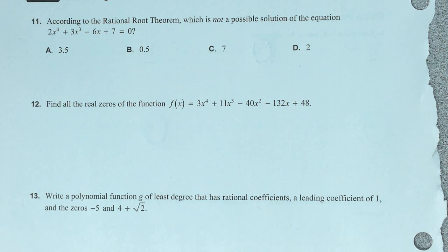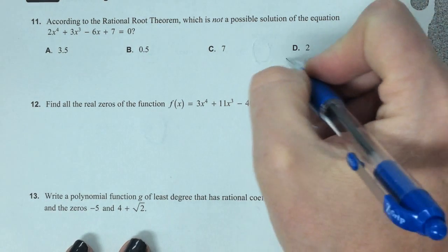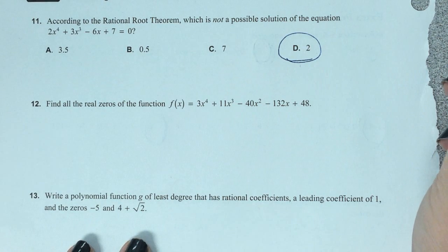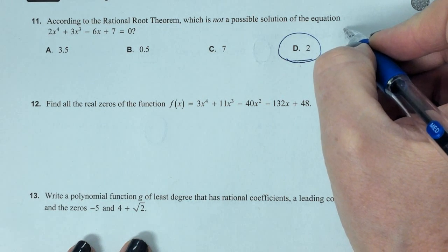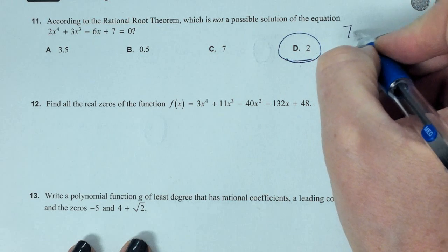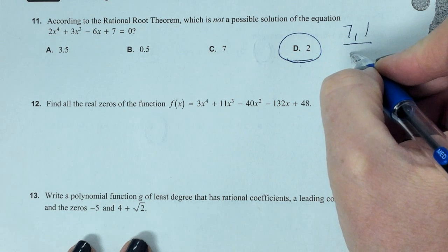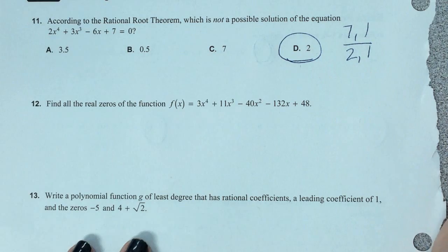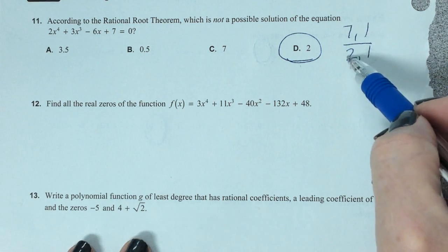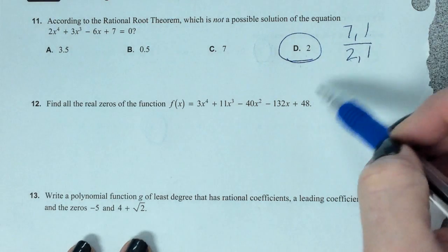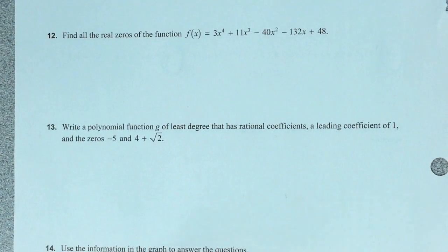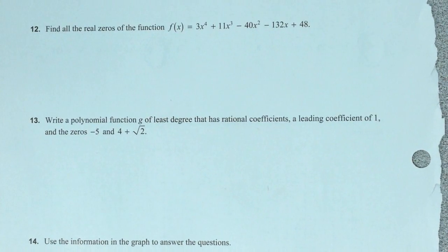Charlie? D, and how'd you get that? Good. And so it can't be 2 over 1, can it? It could be 1/2, but not 2. All right, very good.